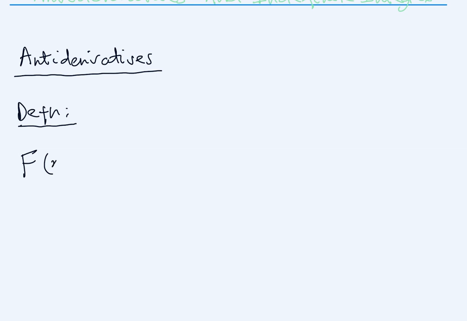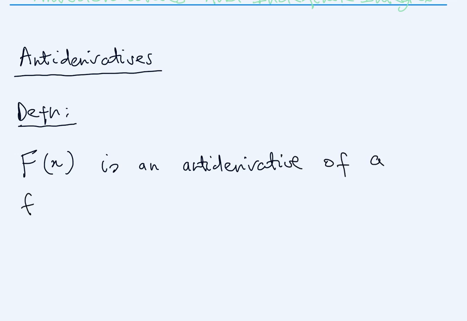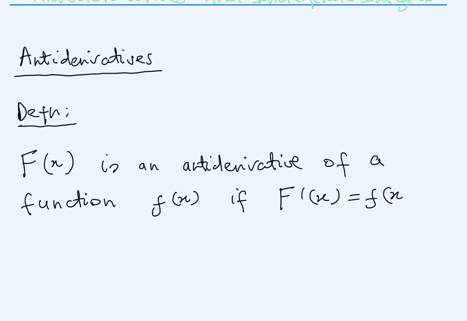Definition: a big letter F of x is an antiderivative of a function, small letter f of x, if the derivative of big F of x is equal to small f of x.